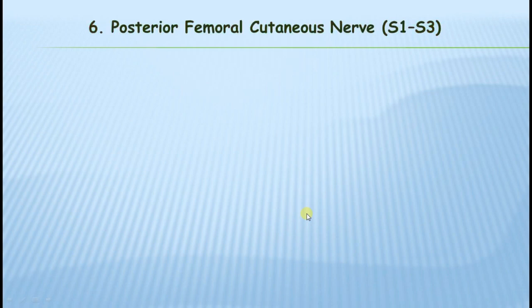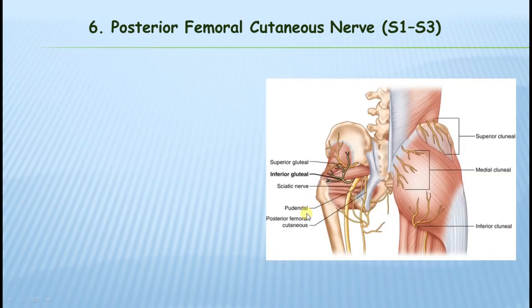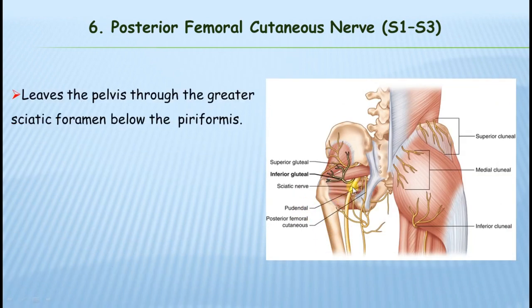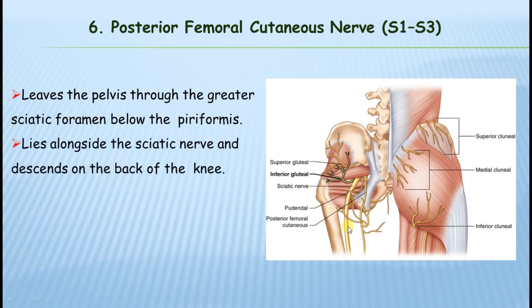The next nerve is the posterior femoral cutaneous nerve of the thigh. Here you are able to see it leaves again below the piriformis, through the greater sciatic foramen, alongside the sciatic nerve, and descends to the back of the knee.